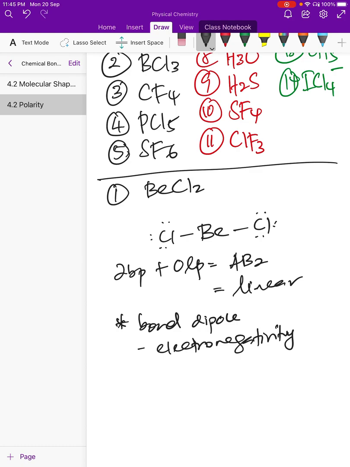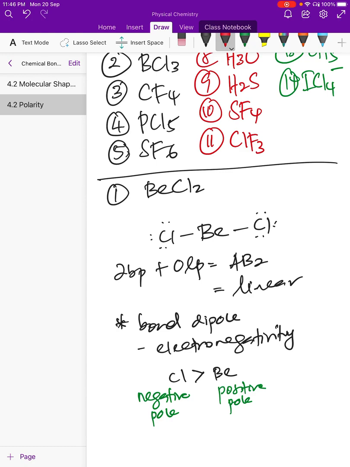In this case, we have chlorine and beryllium. Between chlorine and beryllium, chlorine is more electronegative than beryllium. Therefore, chlorine forms what we call a negative pole, kutub negative, while beryllium forms the positive pole, kutub positive.